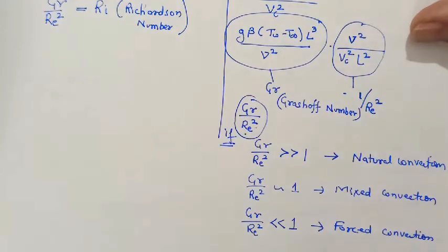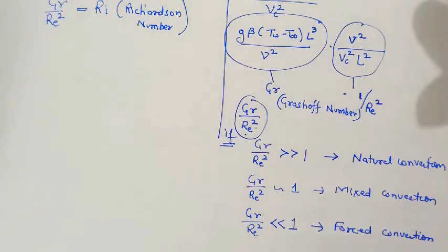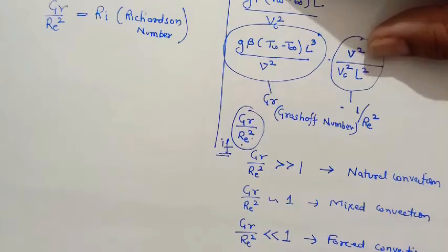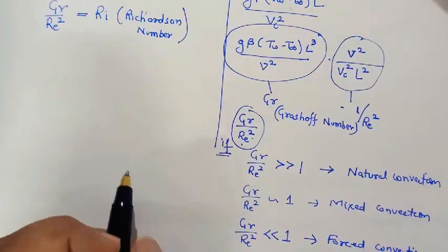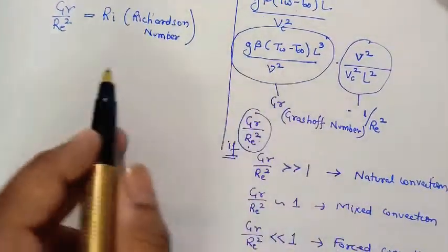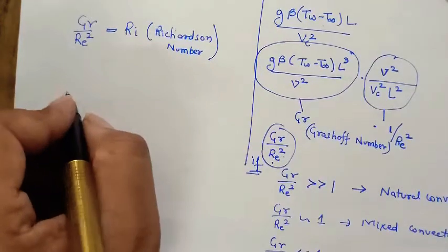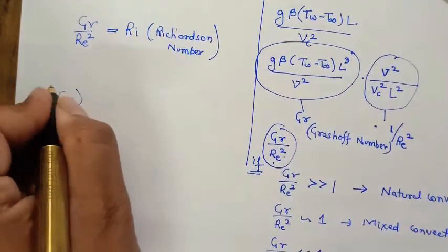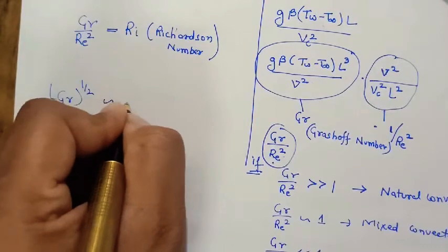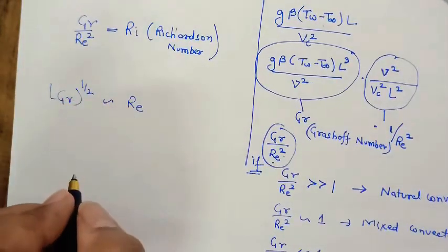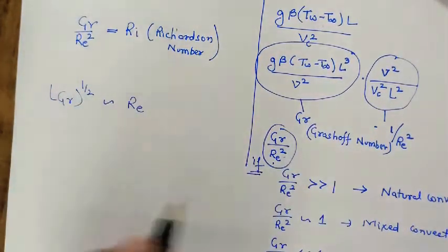In the next lecture we'll do the order of magnitude analysis of these equations, and let us find what the relations are between these quantities, right? Now from these relations we can write that this Grashof number to the power half is somehow equal to the Reynolds number, right? With this ratio, the Richardson.